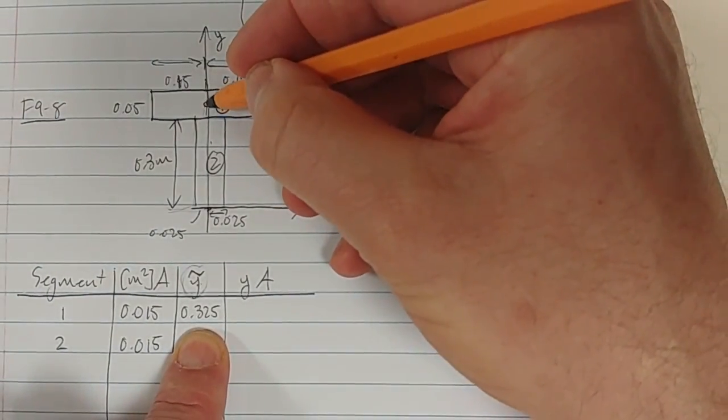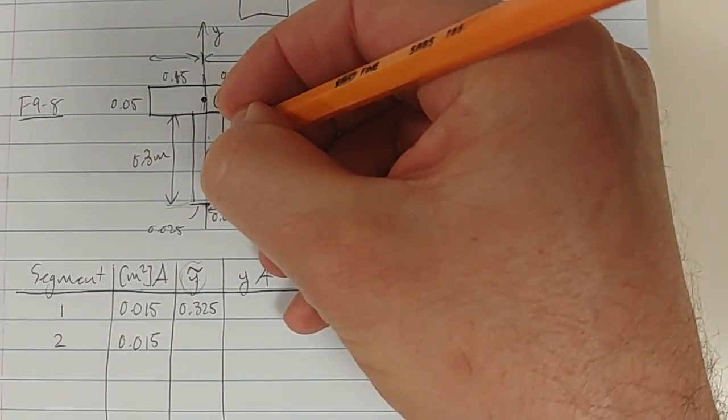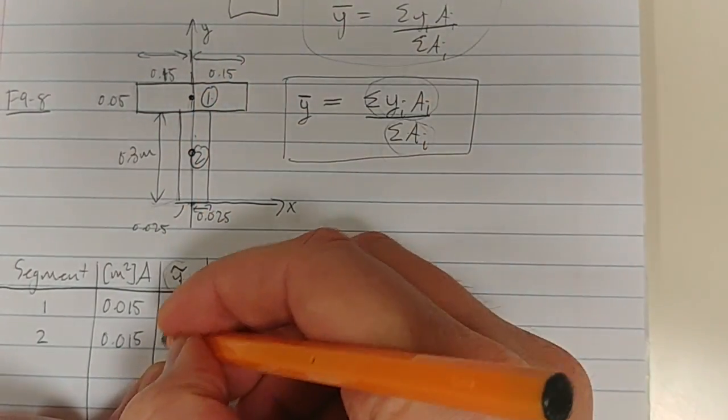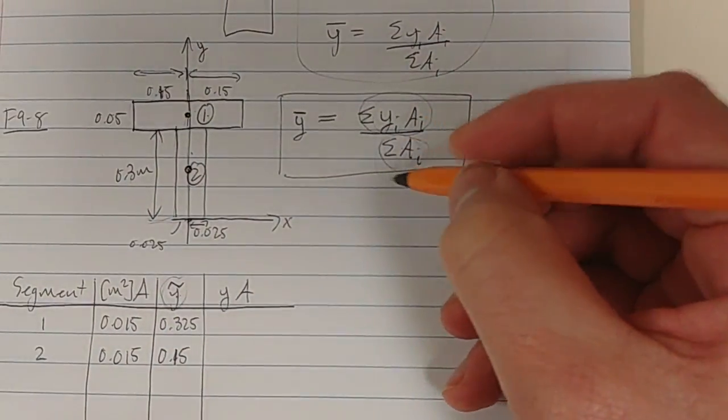I hope you understand that. That's the y location of the centroid of segment 1. Now, what about the y location of the centroid of segment 2? It's just simply going to be half of that distance, which is 0.15 meters.